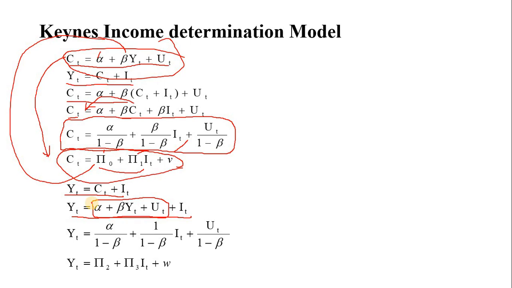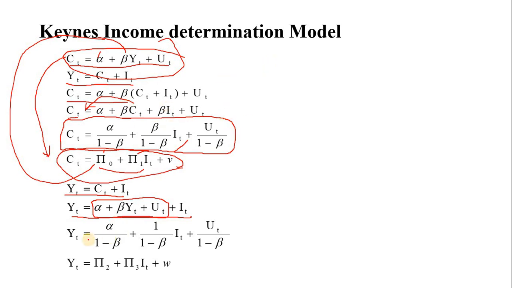Now this is yt, beta yt. You bring this beta yt to the left side, so yt - beta yt. Then 1 - beta will go to the right hand side as the denominator for all the variables.